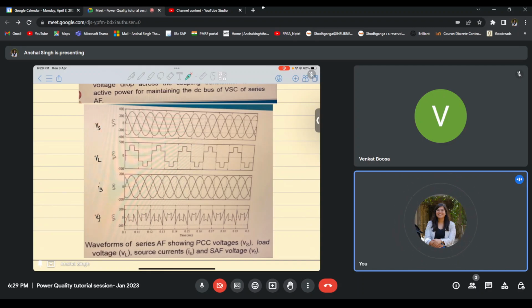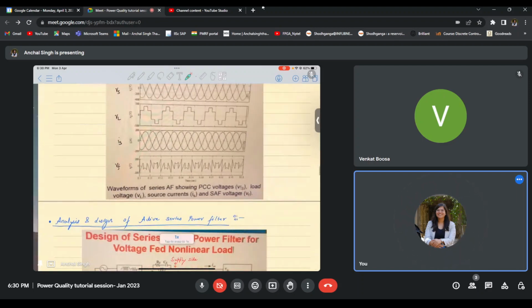So Vf plus minus Vl is equal to Vs. Vf is basically the filter voltage, so this is the voltage waveform of our active series filter. Based on this voltage waveform given by our active series filter, Vf injects voltage such that the load voltage is like this in nature. And when load voltage is like this, our source current automatically becomes sinusoidal in nature. So this is the goal or the principle of operation of these active series filters.